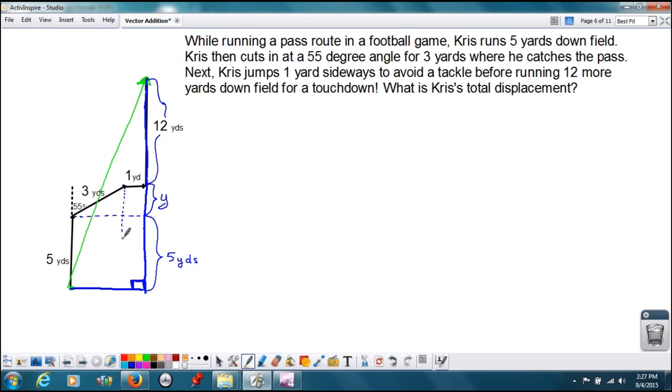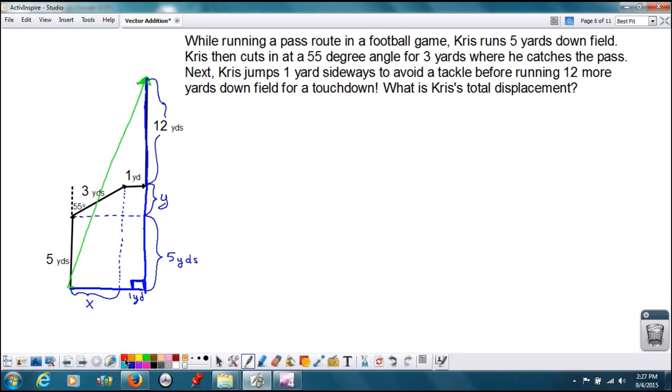Bring it down. This right here makes a nice right triangle, a nice rectangle as well. So the opposite sides are congruent. So this portion is 1 yard. And now I need to find this portion, which I'm going to call x because it's in the x direction. Notice the y and the x are coming from this angled piece here.